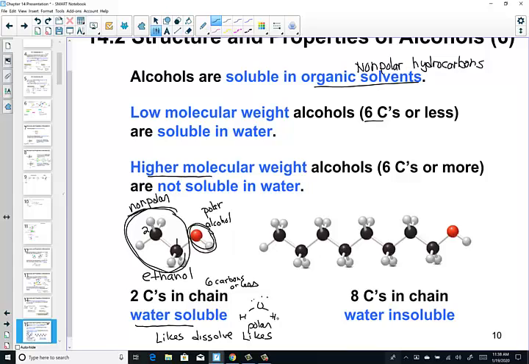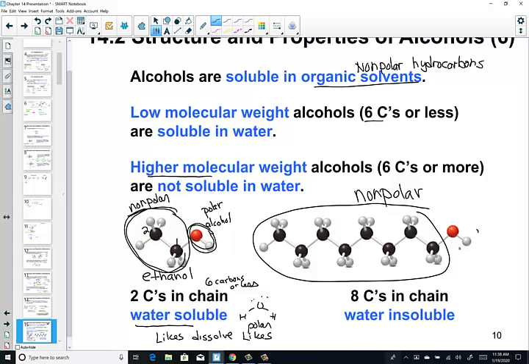How many carbons? Because if the carbon chain gets so long, the nonpolar chain dominates and the tiny little polar area is unable to communicate with the water. So even though that octane, this is 8 carbons, this alcohol will be called octanol, OL ending. This chain is too big to get it to dissolve in water.